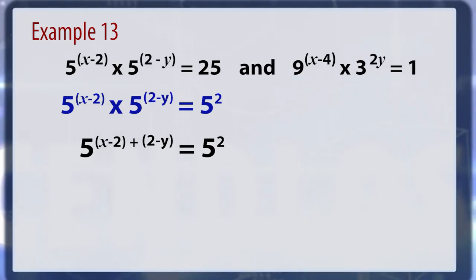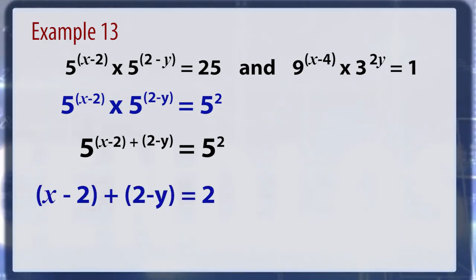Now we leave our bases, take our powers and equate them. We get x minus 2 plus 2 minus y on the left-hand side is equal to 2 on the right-hand side. Remove the brackets on the left-hand side and simplify.